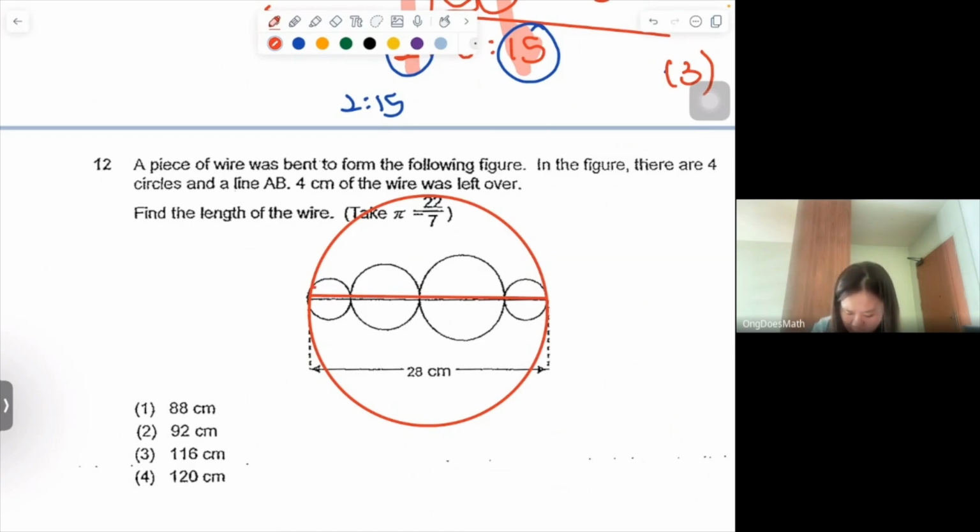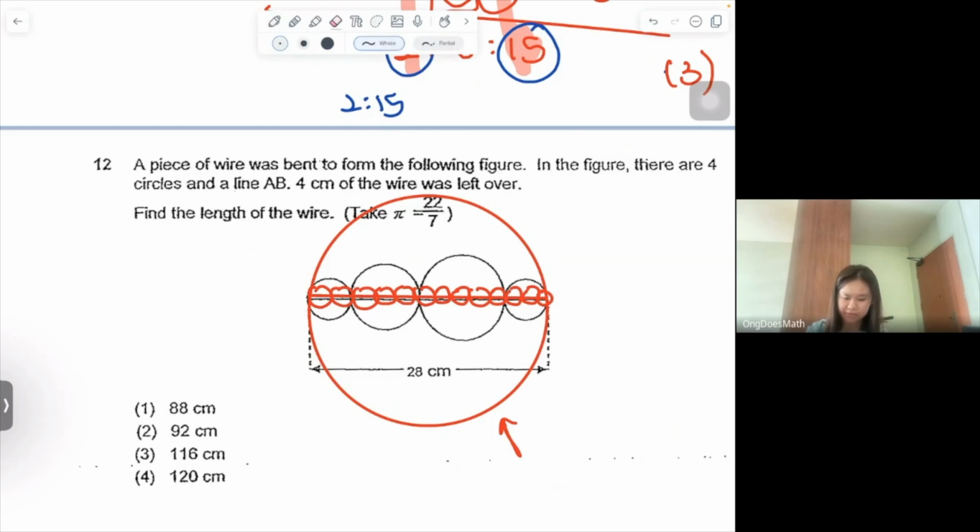So you can have much smaller circles. The circumference of all the small circles will still add up to the circumference of this one big circle, as long as the diameters match up. So you must go and see whether the diameters match up.